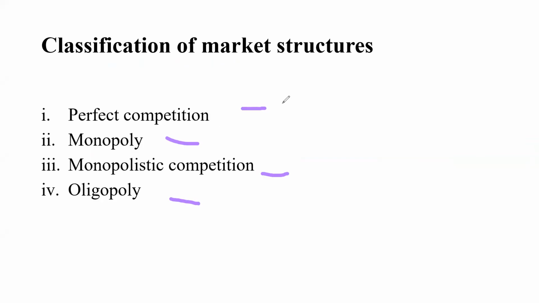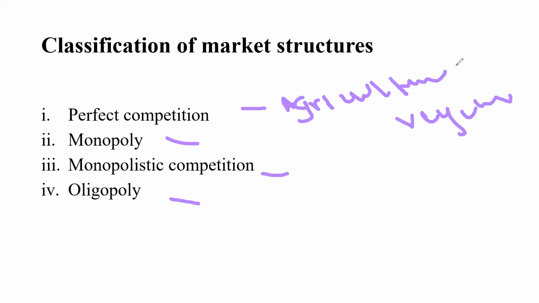For perfect competition, most of the time we consider agricultural products, such as the vegetable market or the egg market. Practical examples we can give are the vegetable market, egg market, fish market, meat market, and the fresh milk market. All of these come under perfect competition, right?